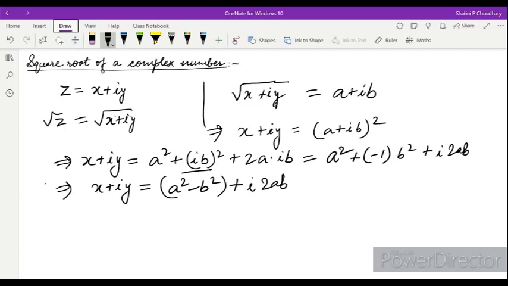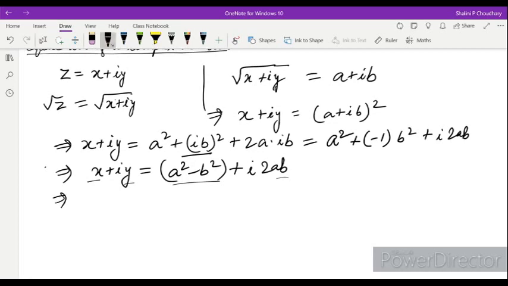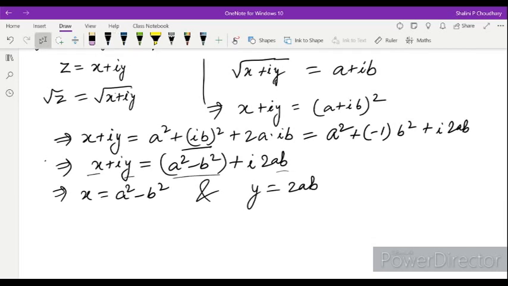So equating real part and imaginary part on both sides, what we'll get? x will be equal to a square minus b square, and y will be equal to 2ab, right? So solving the equations simultaneously, we can get the values of a and b.